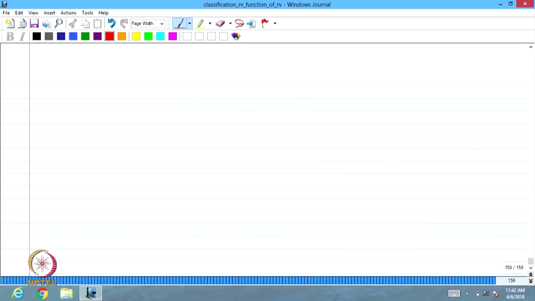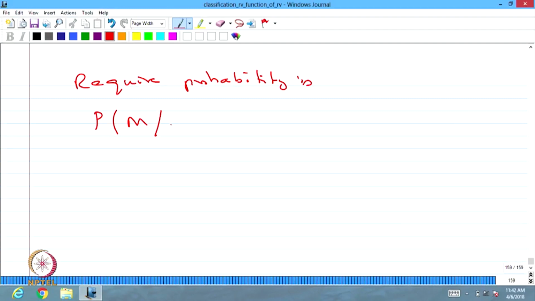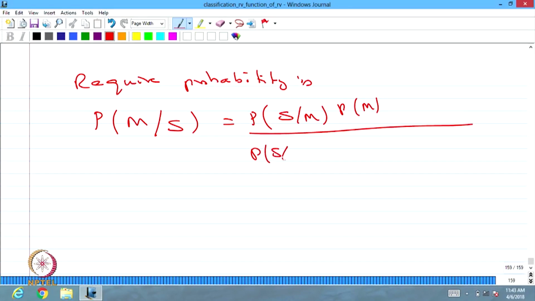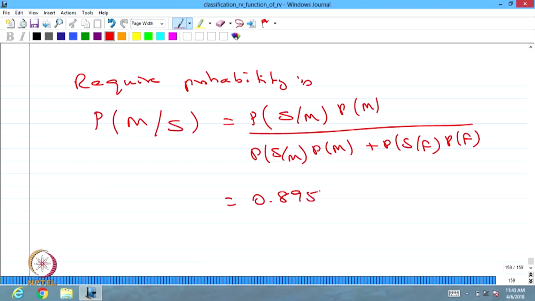Now, the required probability is the probability of M given S, that is the same as the probability of S given M multiplied by the probability of M, divided by the probability of S given M multiplied by the probability of M plus the probability of S given F multiplied by the probability of F. So, you can substitute all the values, and you get the answer, that is 0.895.